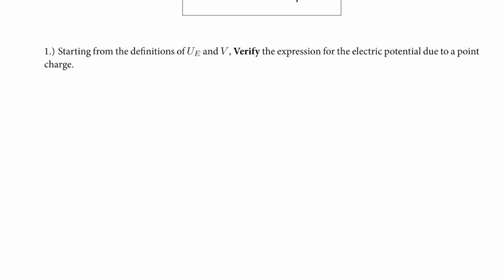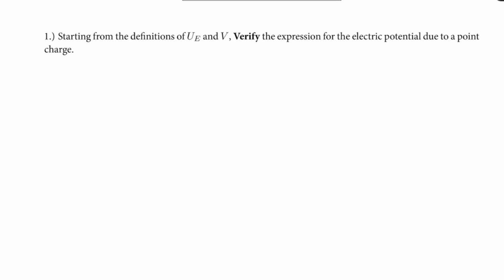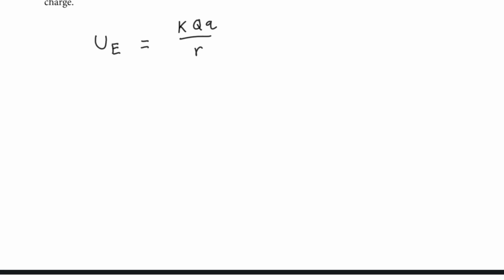So let's verify this formula for electric potential using our definition. By definition, we said that the electric potential energy between two charges was kQq divided by R. Then the electric potential V is defined as the energy per unit charge.